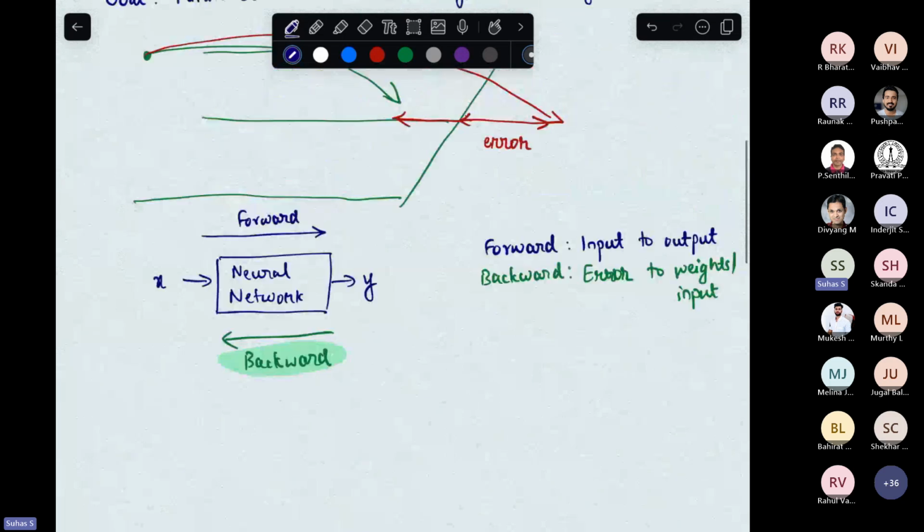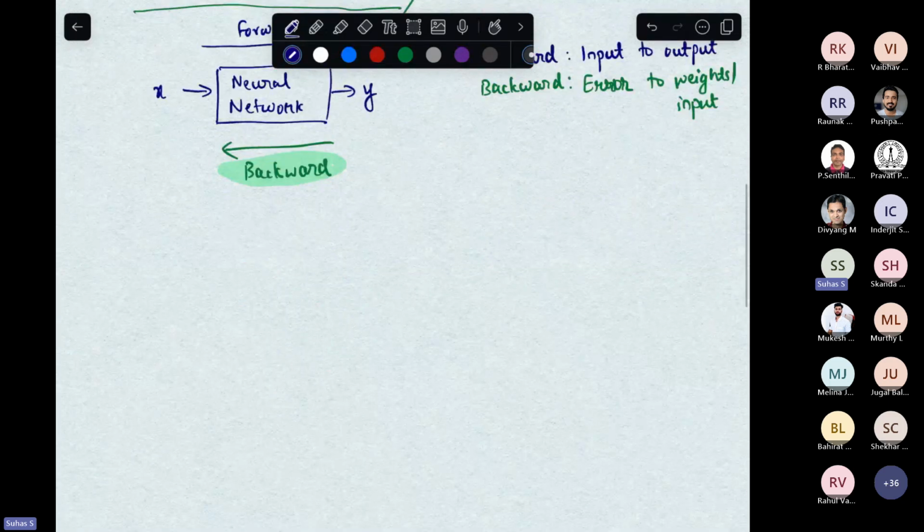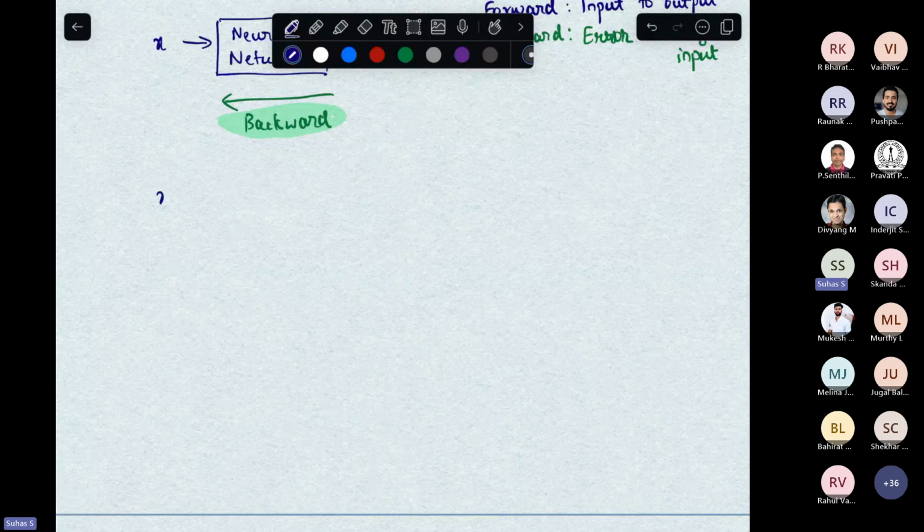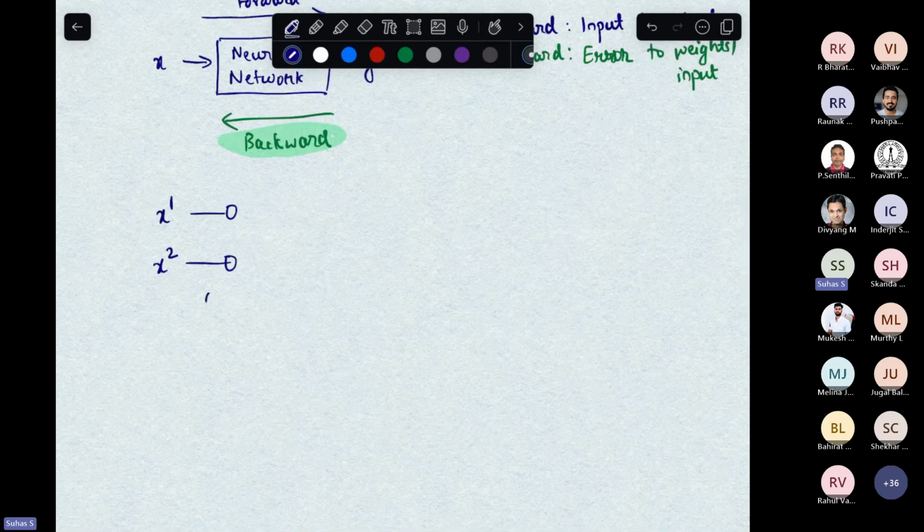So what I'll do now is we'll set up a simple neural network and we will see how backpropagation works. So the neural network is as follows. You have some input, let's say x, and it's a two length feature vector, x1. And a neural network typically has these neurons or nodes.